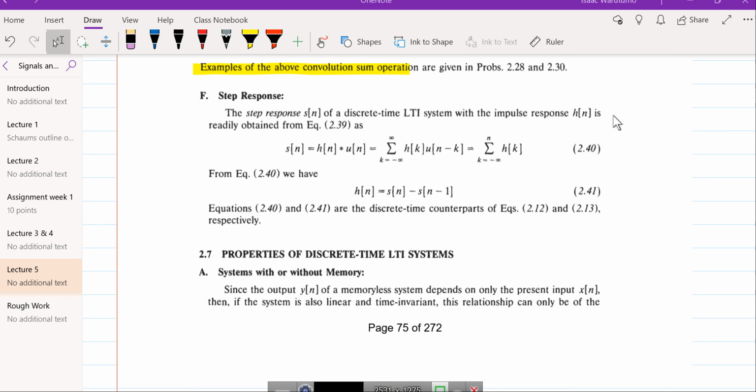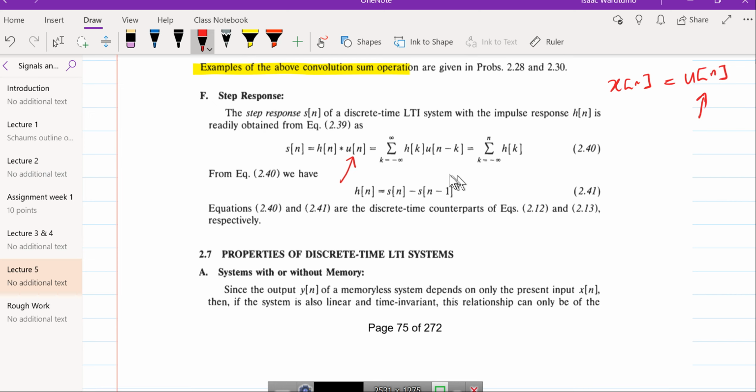Having said that, and knowing how we can get the impulse response h of n for such a system, instead of saying that the input signal x of n is an arbitrary signal, we say that the input x of n is equal to u of n, the unit step input signal.